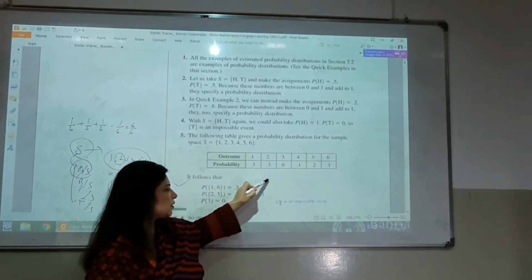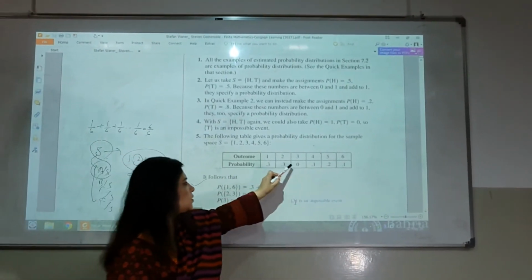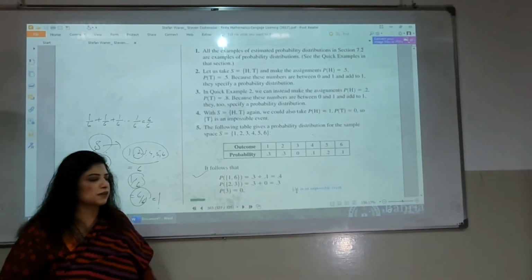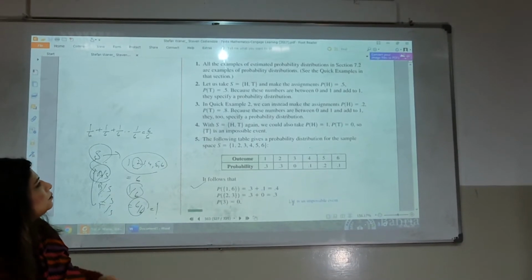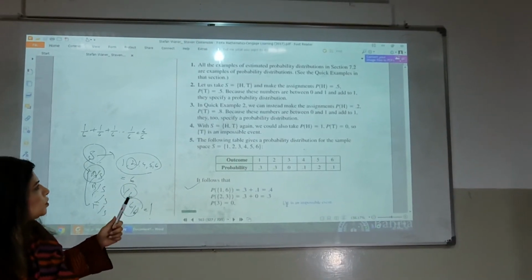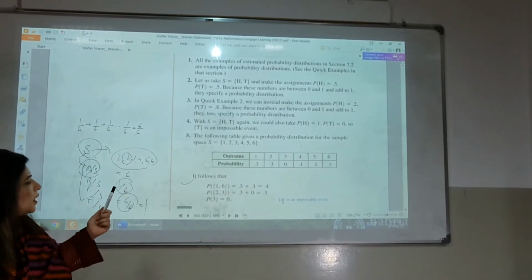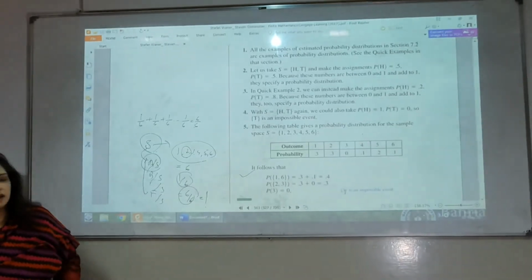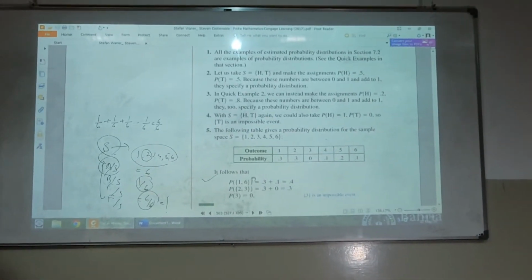If the question gives you a delta something like that, then all these will give you 0.3, and the probability of 3 in this case is 0. This is because we have some distribution given to us, and these numbers can be between 0 and 1. If it is a totally uncrooked fair die, then we can have all these equal possibilities.